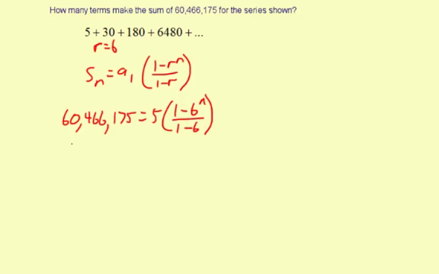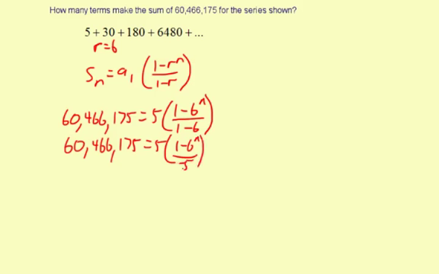Alrighty, so let's simplify this a little bit. 60,466,175 equals 5 times 1 minus 6 to the n divided by negative 5, because that's 1 minus 6.